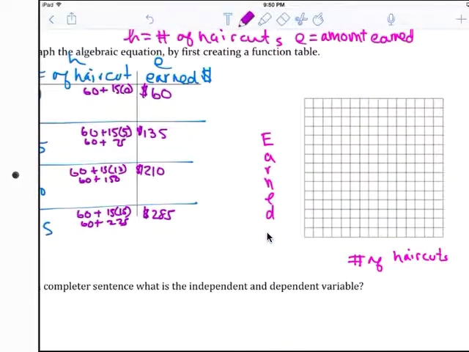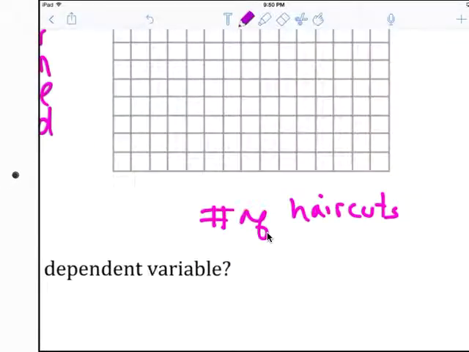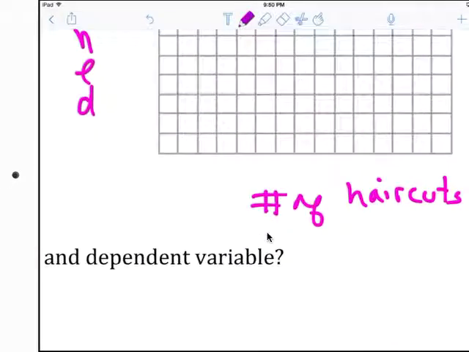Okay, graph that. 0 through 15: 0, 1, 2, 3, 4, 5, 6, 7, 8, 9, 10, 11, 12, 13, 14, 15. Great. Count by 1.